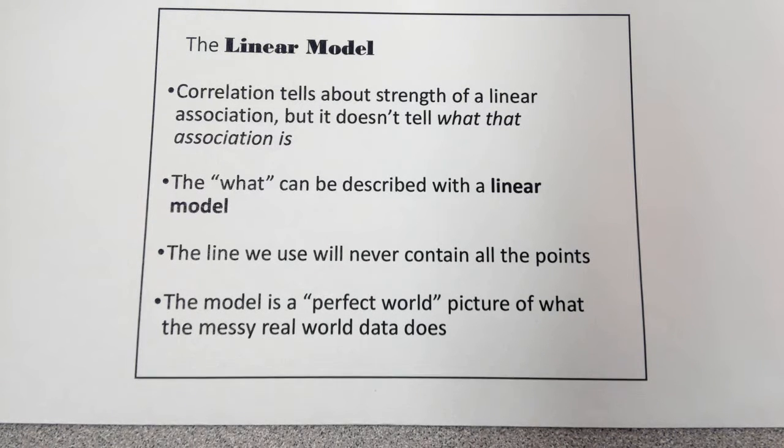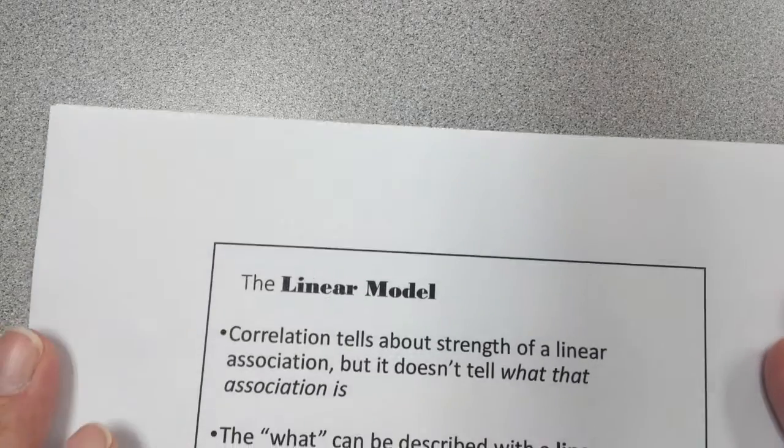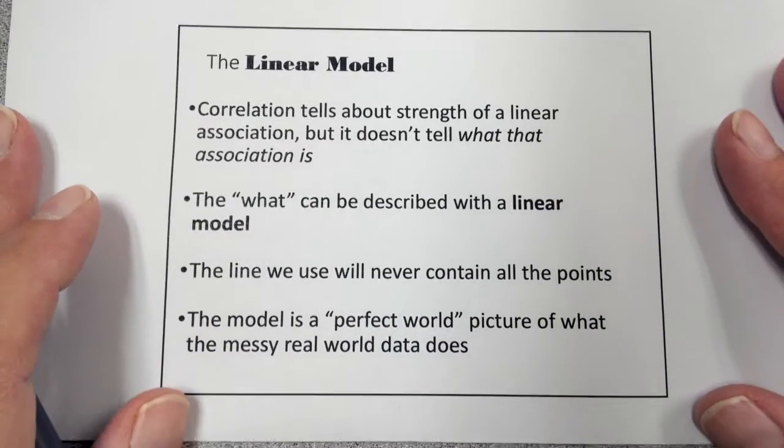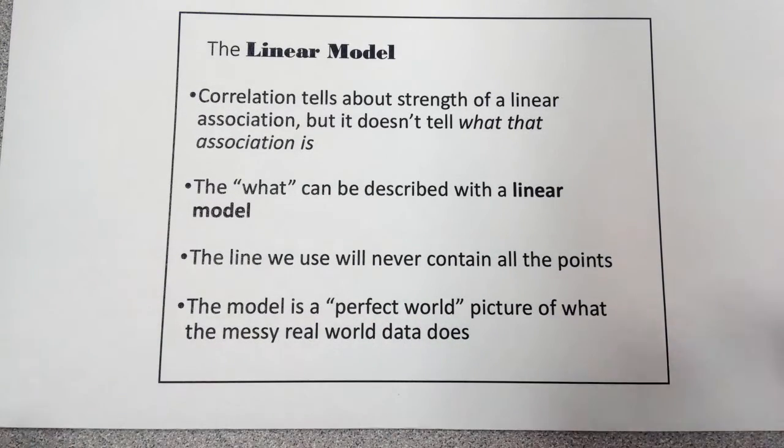So we've already met one model in this class, and that's the normal model, which does a reasonably nice job of taking a unimodal symmetric histogram or dot plot, putting a curve around it, and doing approximations to solve problems like what percentage of the people have below a 28 on the ACT. So models are those lovely perfect world curves.